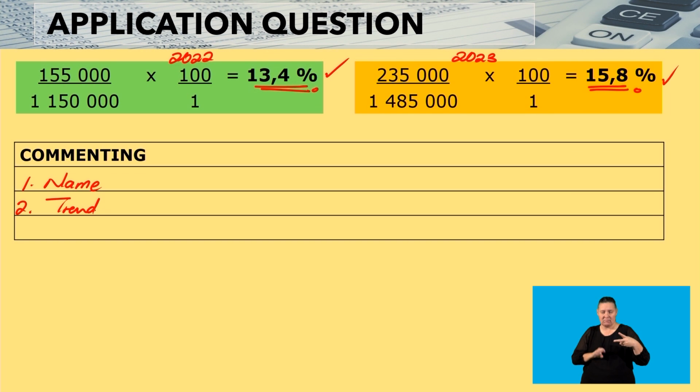Trend is simply saying, do we have an increase or do we have a decrease? And thirdly, we need figures. Remember, we're doing accounting. Figures become very important in commenting on the financial indicators.